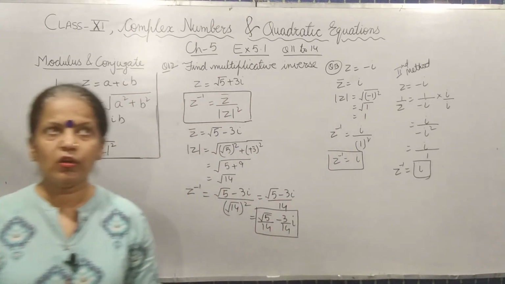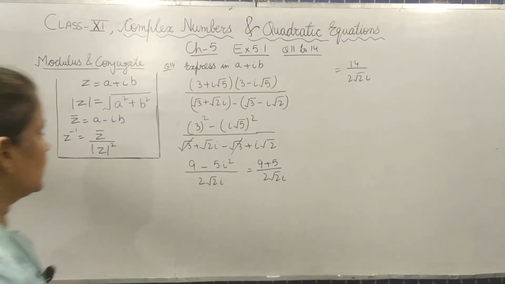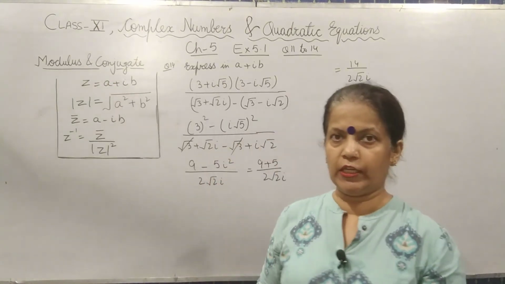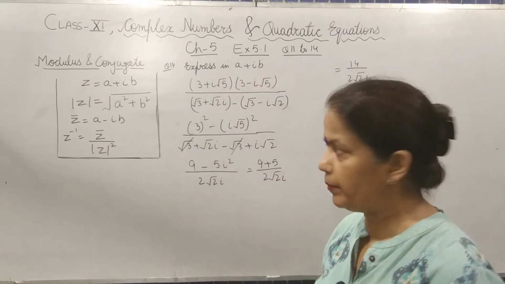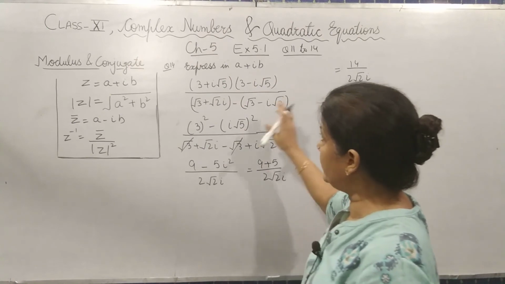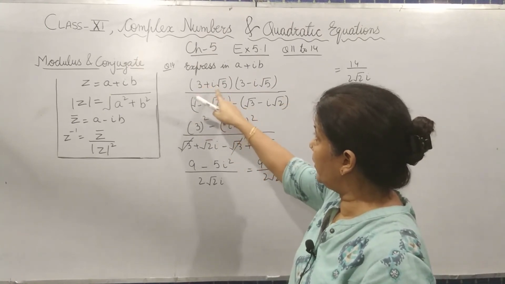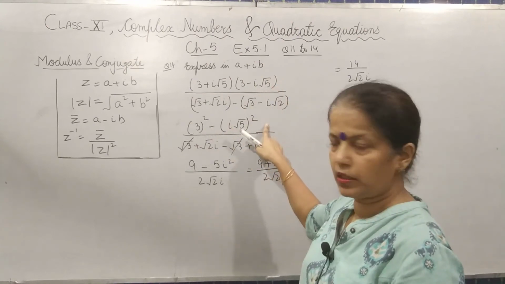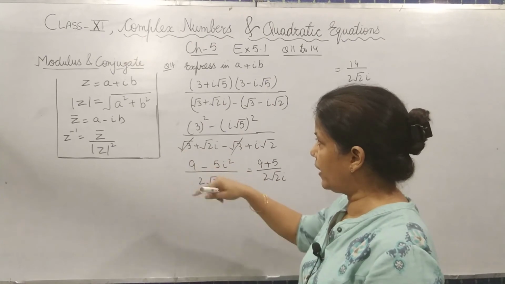Now come to the 14th question. Again in question 14, you have to express it in the form of a complex number. So this is the question. First of all, apply the identity a plus b, a minus b, you will get this. And open the bracket of the lower one, it will be cancelled out.